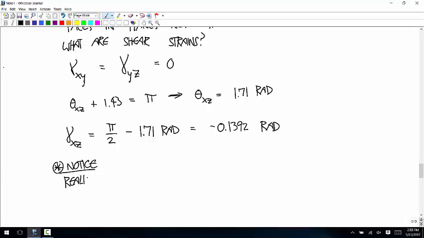So realistic shear strains for us will be less than about 1.0 times 10 to the minus 4. If you get anything bigger than that, our approach is not suitable for the calculations. Any questions? All right, that's all.